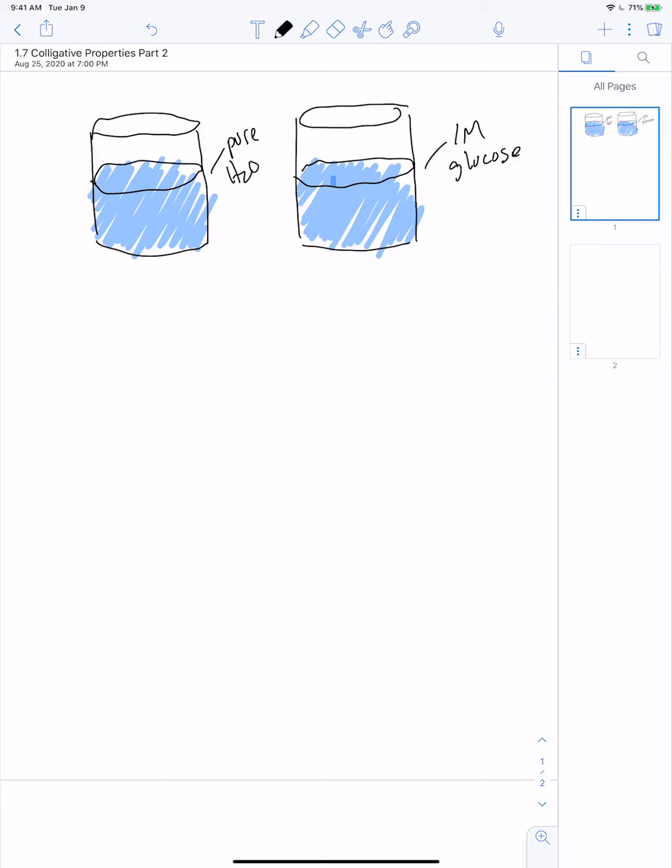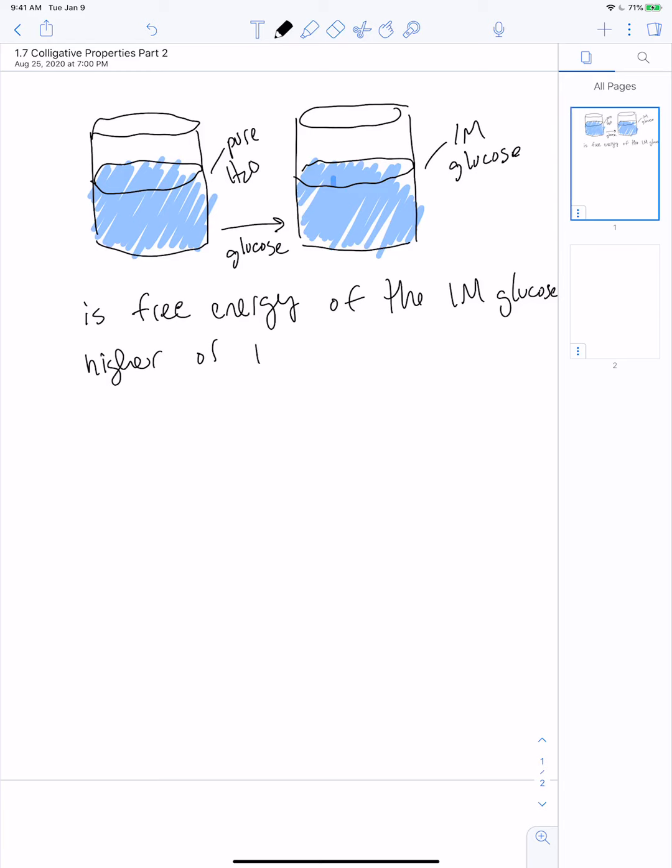If I take pure water and dissolve glucose in it, is the free energy of the 1 molar glucose higher or lower than pure water? What's the answer here?